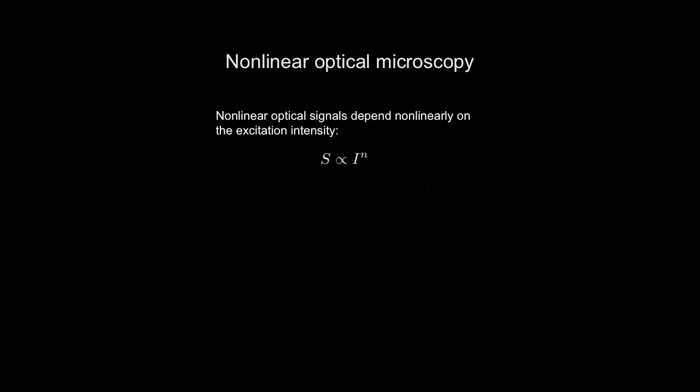And why is that? It's because the nonlinear optical signal depends nonlinearly on the excitation intensity. That really means, if you think about it, the intensity is the power per unit area.